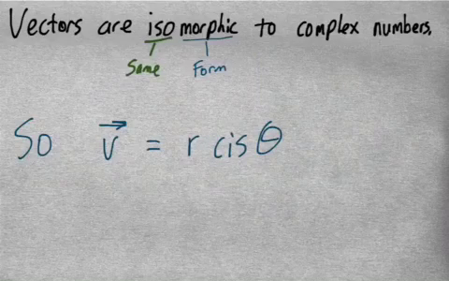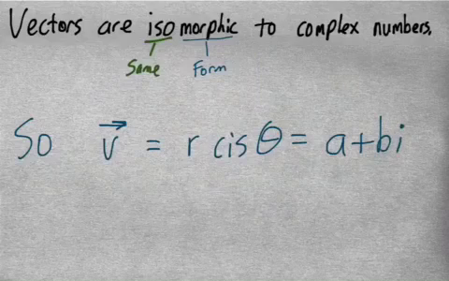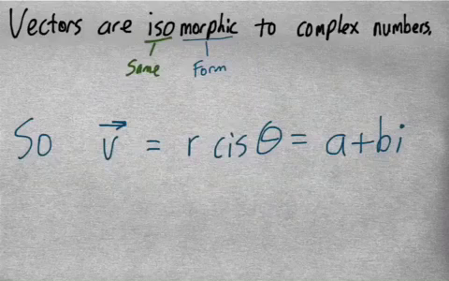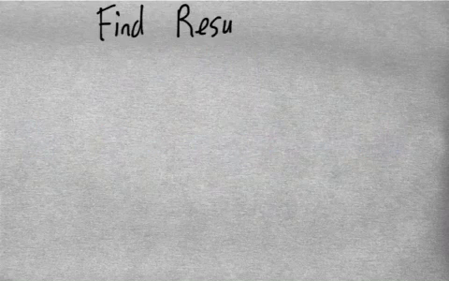So that last problem we just dealt with, we could have thought of that like 40 cis 60. And then that translates into basically the A plus BI form. That is our component form really. And so we're not really learning anything new with vectors. We're extending what we were dealing with in complex numbers and applying that. Alright, so let's try an example with this of finding the resultant vector.